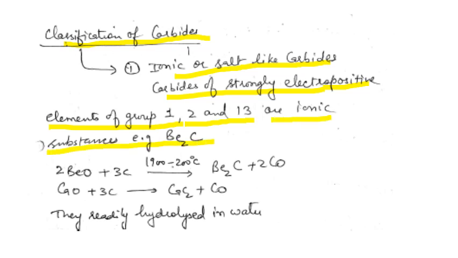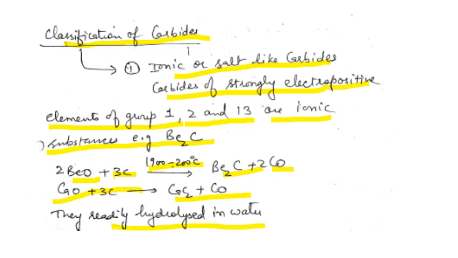For example, in group 2, beryllium carbide is formed when beryllium oxide reacts with carbon at a high temperature of 1900 to 2000, and carbon monoxide is released. Calcium oxide also reacts with carbon to form calcium carbide, which can be readily hydrolyzed in water.